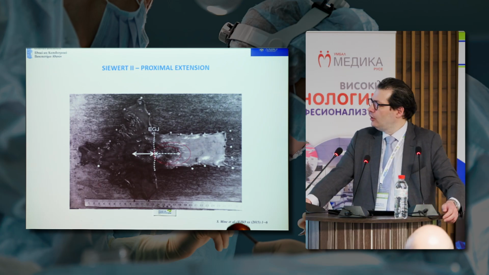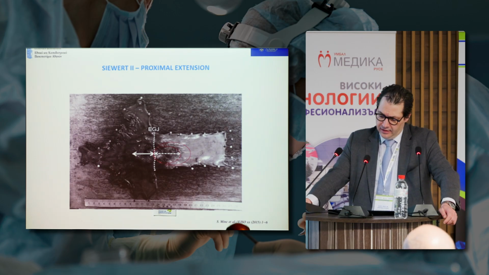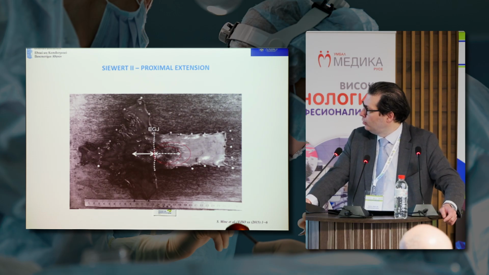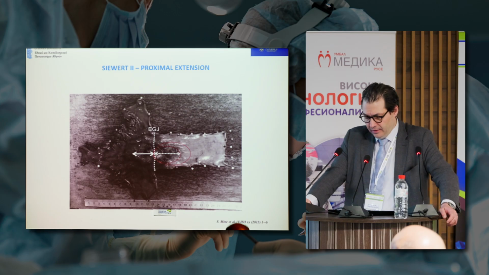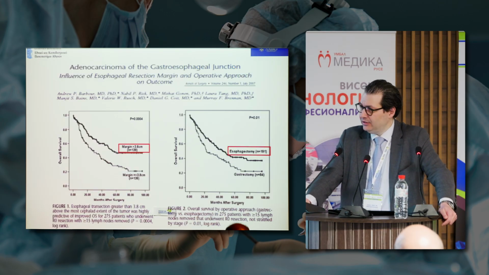Another crucial criterion to decide the best operation is the proximal extension of the tumor. You can see this is a typical Siewert 2 tumor in the G junction, and the extension of the tumor into the esophagus, whether it is 1, 2, or more centimeters, is very critical.